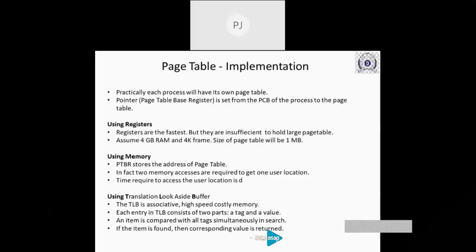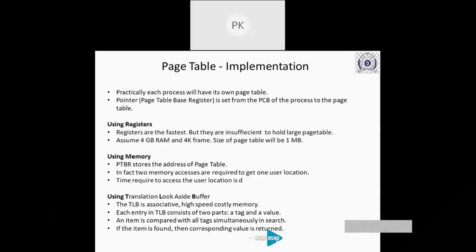In the process control block of a process, we have one additional field provided, which is the PTBR, the page table base register. PTBR stands for page table base register, which stores the address of the location from where the particular process's page table is stored.